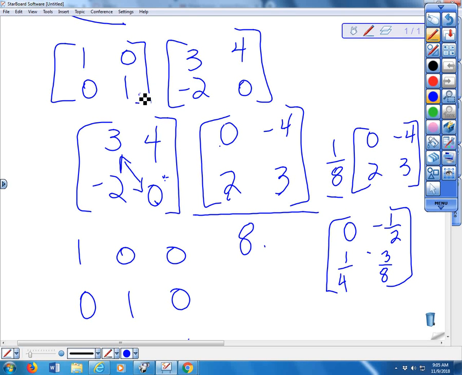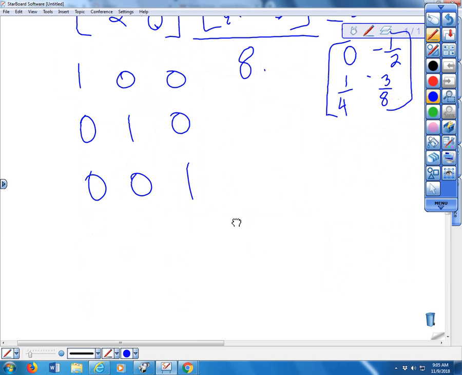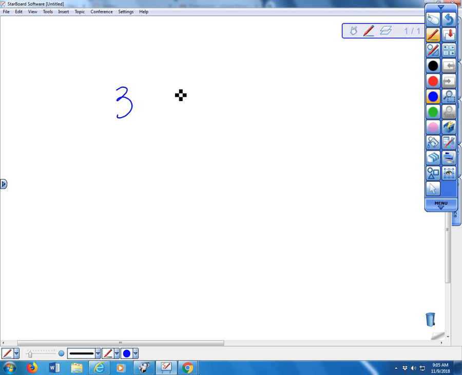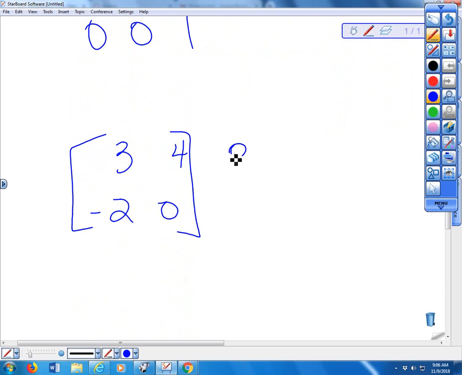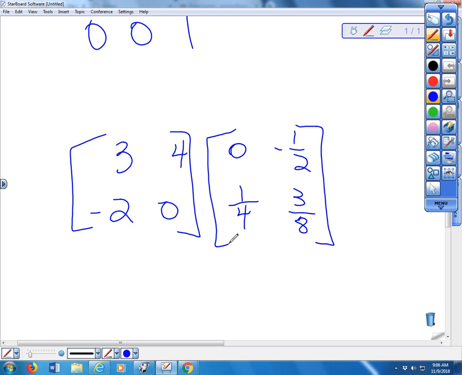So let's check it. 3, 4, negative 2, 0. 0, negative 1/2, 1/4, 3/8. Okay, we're going to check it and see if I did the inverse matrix correctly.